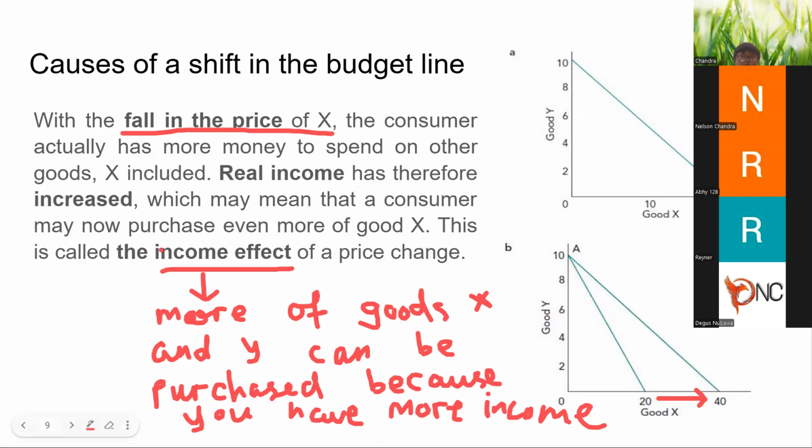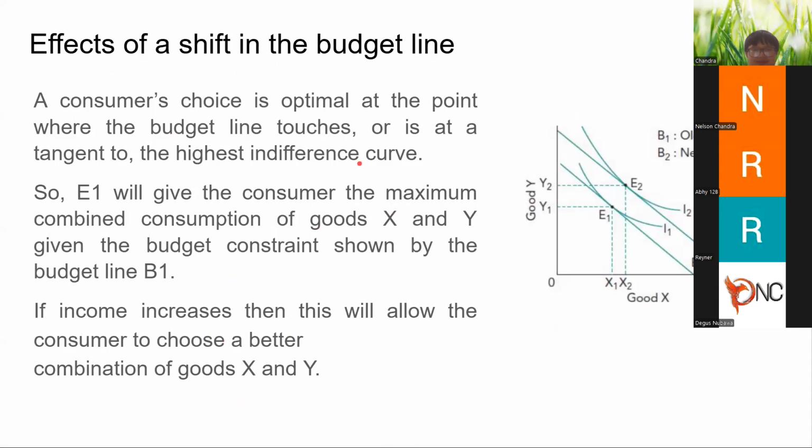So again, we have two different effects. One is called substitution, one is called income. Now, effects of a shift in the budget line. We are now going to incorporate budget line and indifference curve.